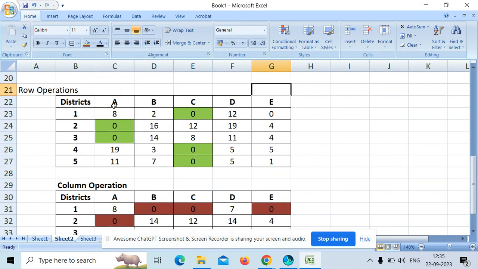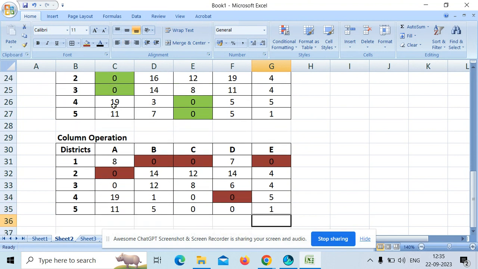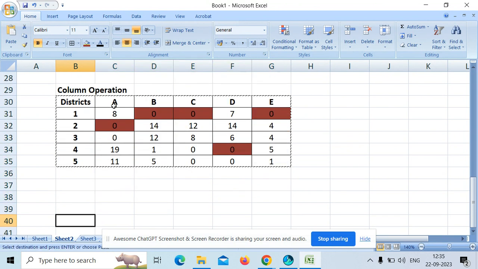Okay, so column operation is also done. After doing column operations, we try to go for allocations.